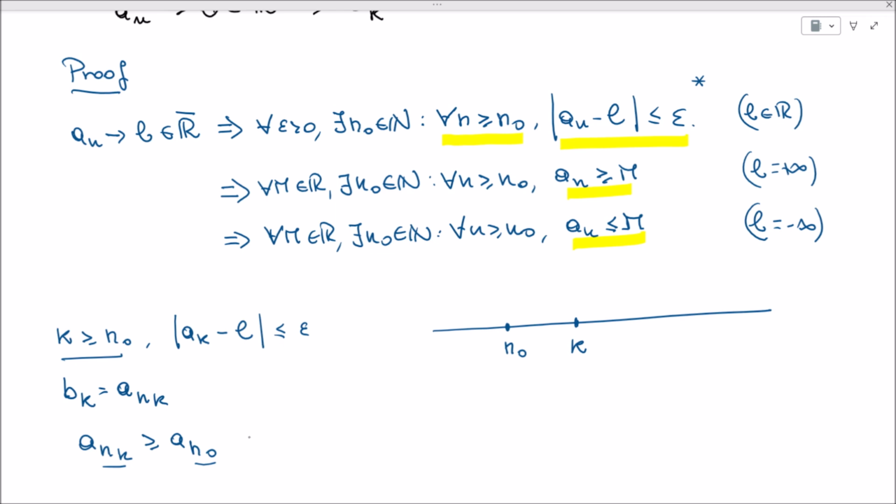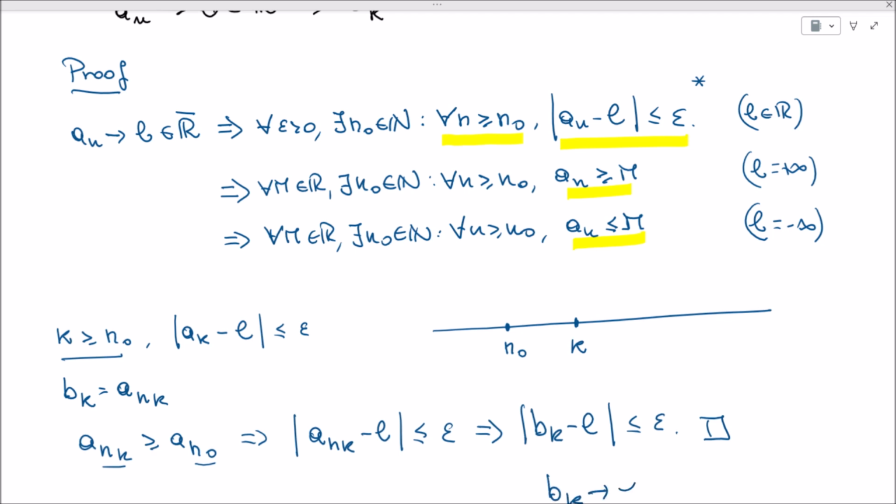Therefore, we can conclude that the absolute value of a_nk minus L will be less than or equal to epsilon, which is just like saying that the absolute value of bk minus L is less than or equal to epsilon, which finally proves the fact that bk tends to L. And this concludes the proof.